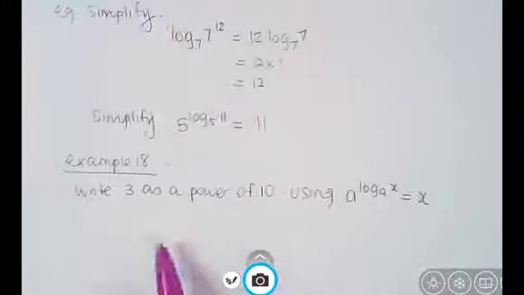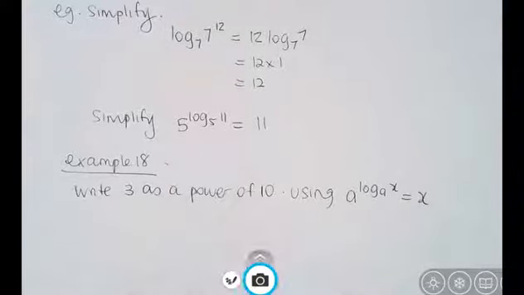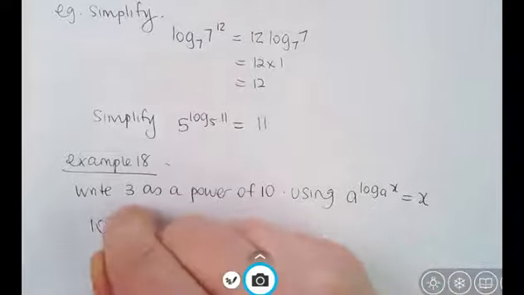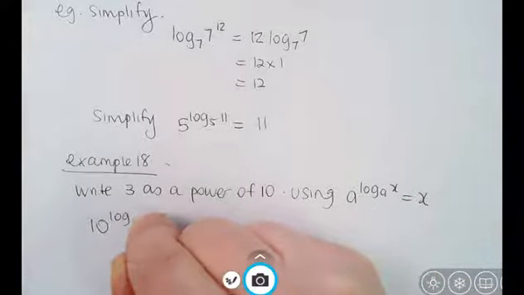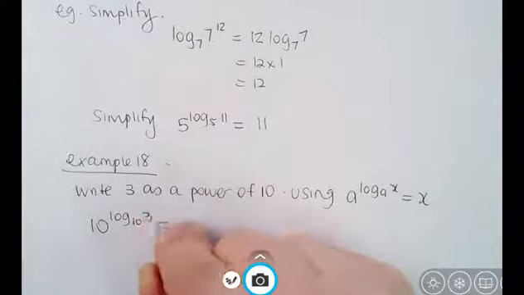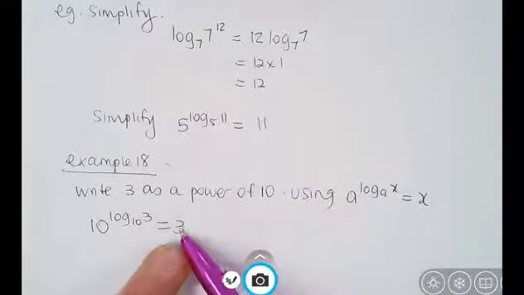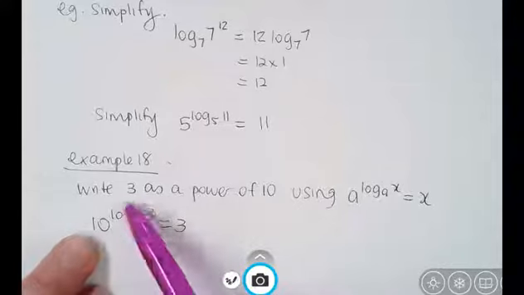So 10 needs to be my base. So I would use 10 to the power of log to the base 10 of 3. We know that they all cancel, equals 3. So this way I'm writing 3 as a power of 10.